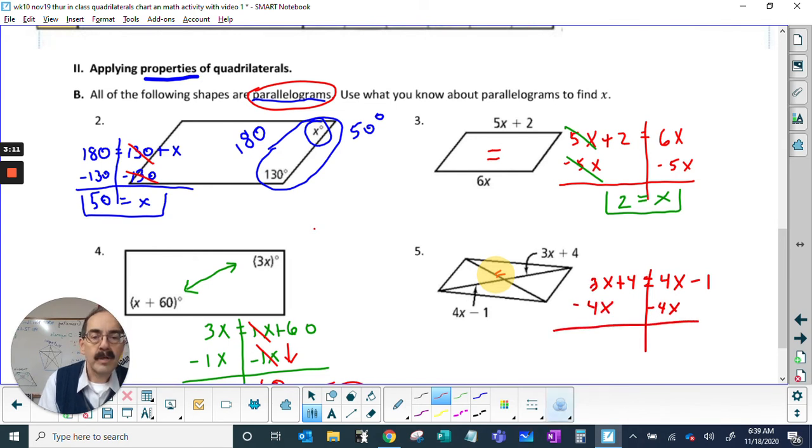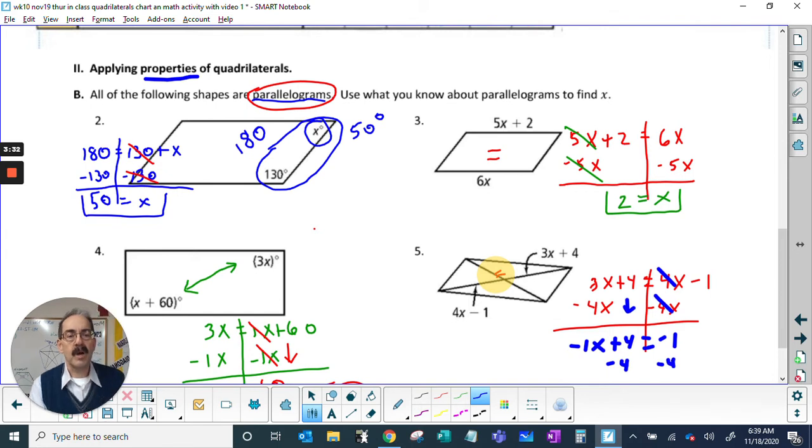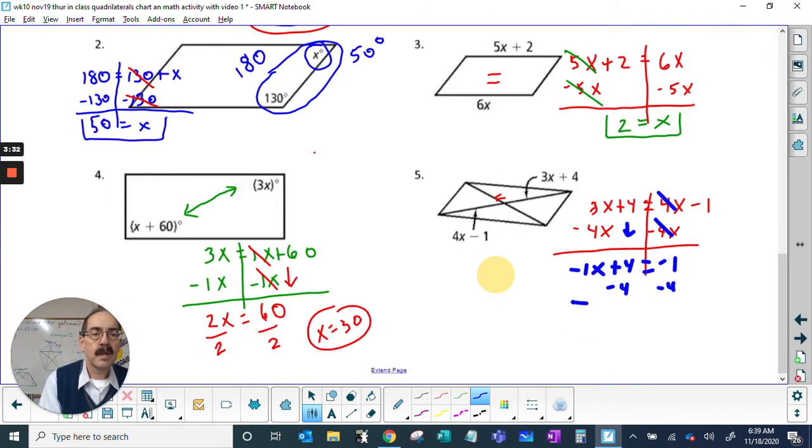The opposite of a plus is a minus. Draw our line. Those go away. Now we have 3x, we lose 4x, so we're going to have negative 1x. We still have our 4, we still have our equals, we still have our negative 1. Okay? Opposite of a plus is a minus, so we're going to bring that 4 across, leaving us with negative 1x equals.